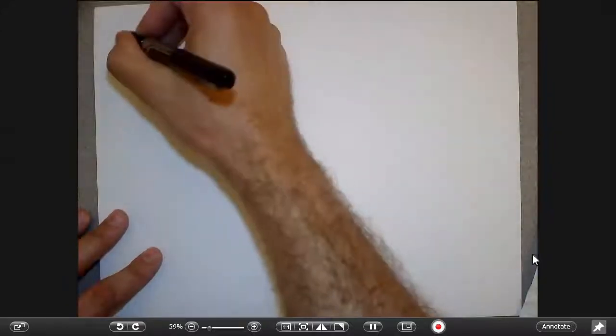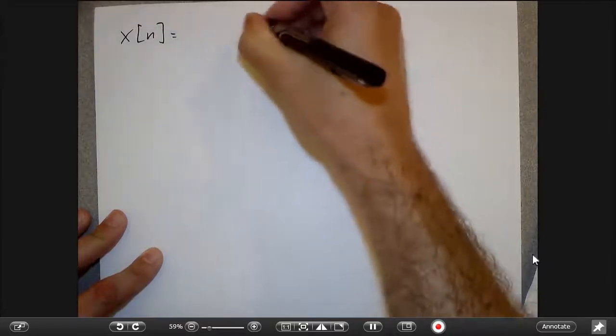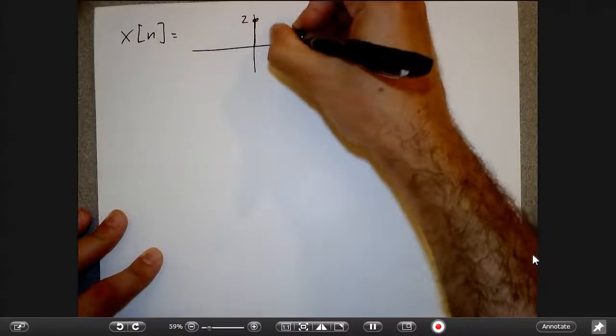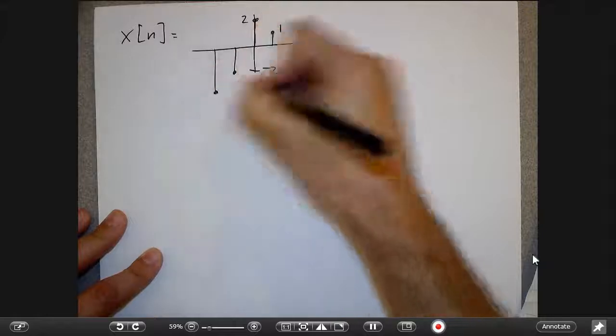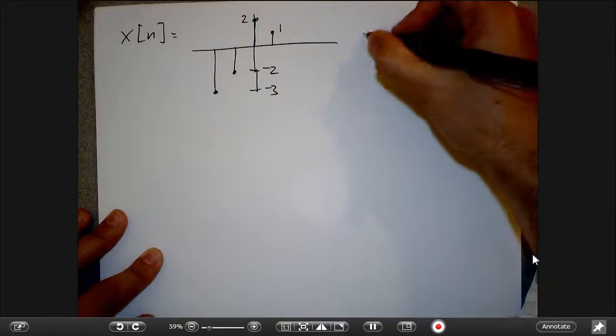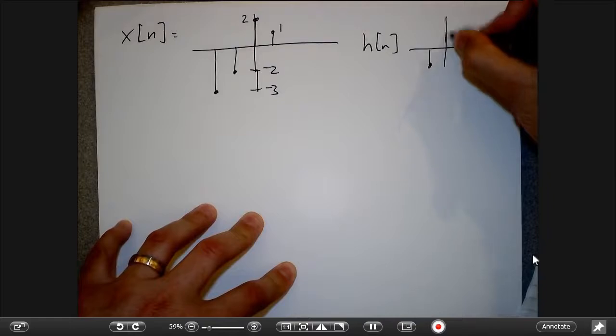Just to belabor the point, let me do one more example, just because I have it in my notes here. So let's take x. Let's suppose it looks like this: minus 3, minus 2, 2, 1, and let's take h to be minus 1, 1, 1.